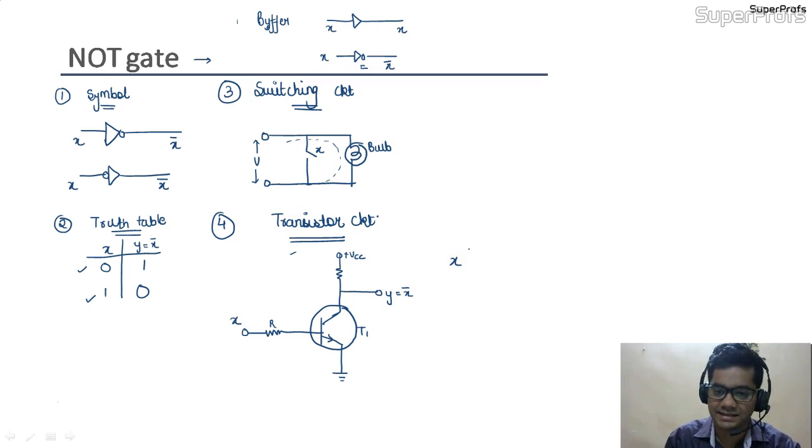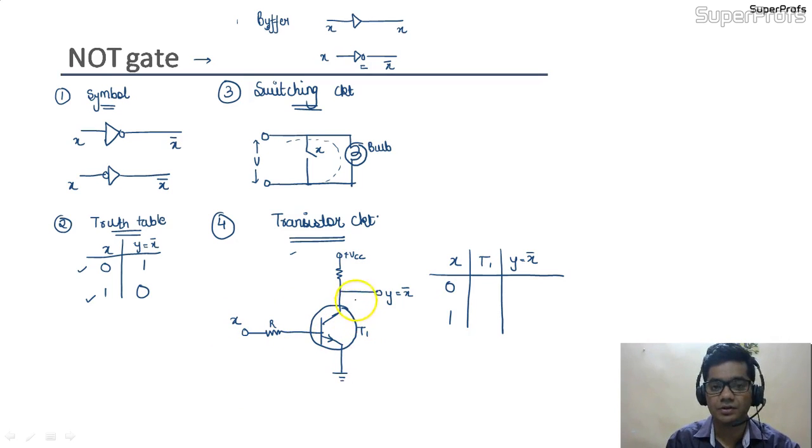Okay, this is X input, this is transistor T1, and this is Y as our output, which is X bar. So see, the input combinations are 0 and 1. If we are giving the input as 0, that is ground voltage, the transistor would be in off condition, students. So transistor is off.